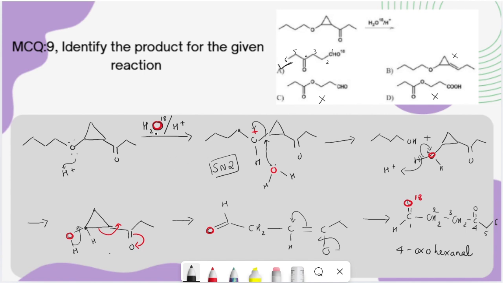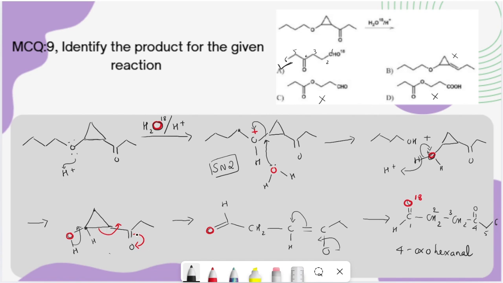So what did we do? First we attacked the proton on oxygen. Then there has to be an SN2 attack of water. It attacks the cyclopropane, and then the labeled oxygen stays with this molecule, right? And then the ring will open. What are the two driving forces I told you? The cyclopropane will have a ring strain.